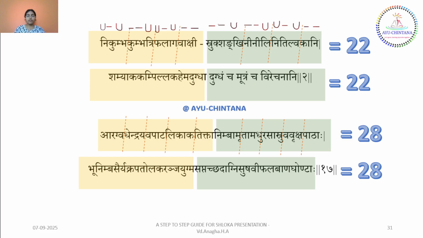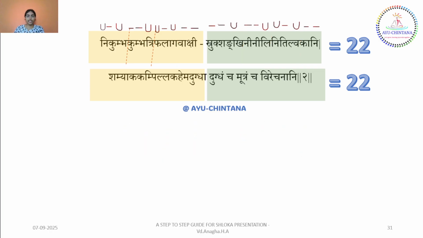So my primary question is, why do we even have to take so much effort to designate this with guru and laghu and divide it into ganas? Because it will help us in chanting it in a certain way, right? Let's take one example. Guru Pishtamayam Tandula.